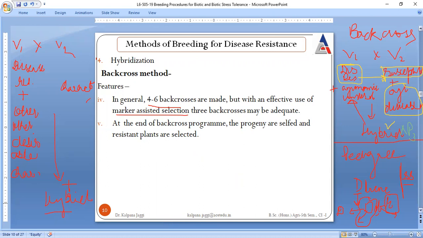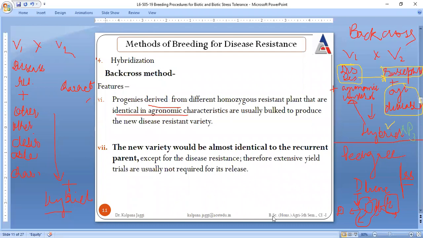Again, I repeat, this is the very first chief purpose of hybridization in breeding, where the resistant gene from one parent that is agronomically undesirable is transferred to another parent that is agronomically desirable but susceptible to the disease, right? So with this, I end the backcross method.